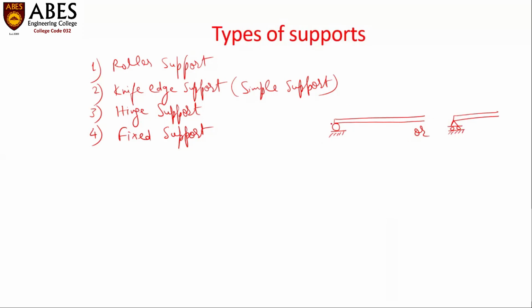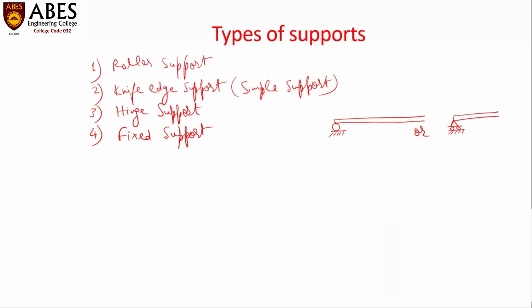In case of roller support, the beam is free to slide in the horizontal direction. If it is kept in the horizontal position, the beam can slide with the help of these rollers along its length to the left hand side or right hand side. So this type of sliding is allowed. So this type of support is not going to provide any reaction in the direction of its length.